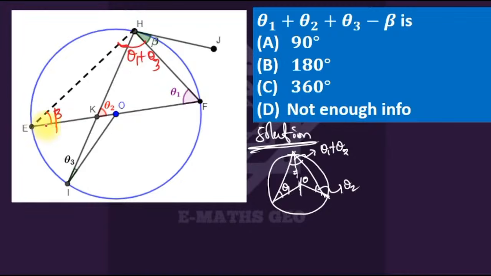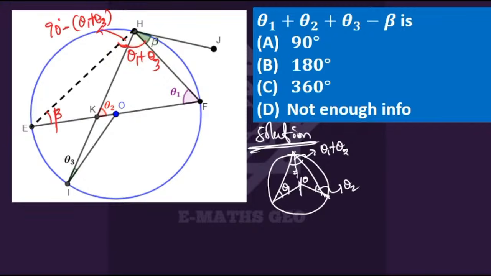And if you look at this, the diameter of the circle, this inscribed angle is 90. Yes, Thales theorem. So the remaining part here will be 90 minus, theta 1 plus theta 3, since the total angle here is 90. So what do you have to say?